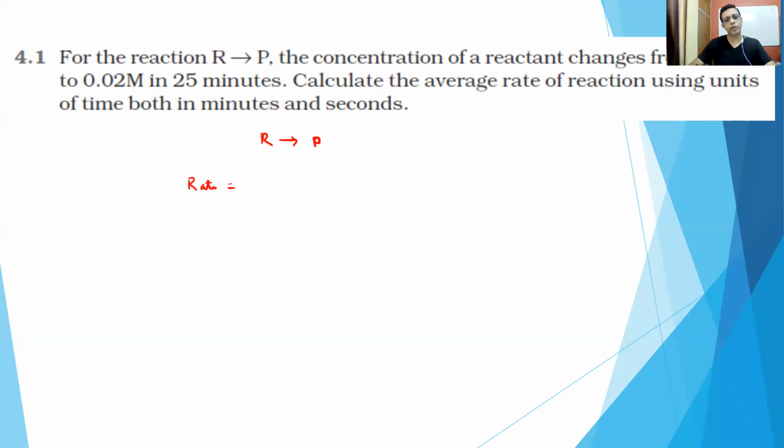They have given the concentration of reactant. So rate is minus (R2 minus R1) by (T2 minus T1), or you can say minus delta R by delta T.